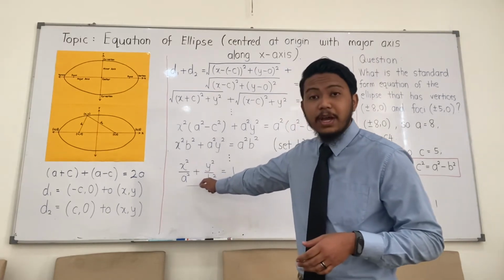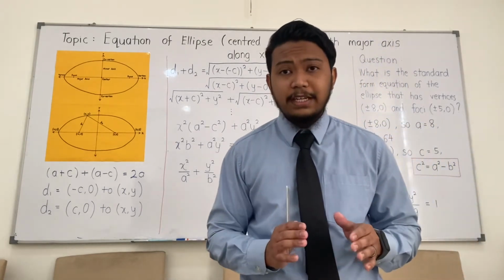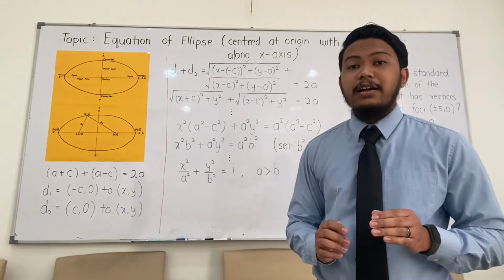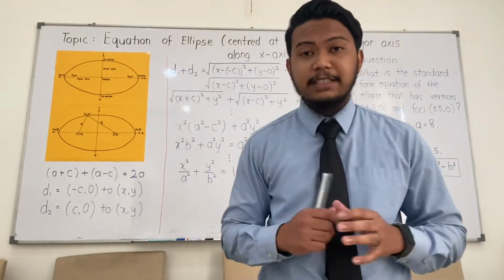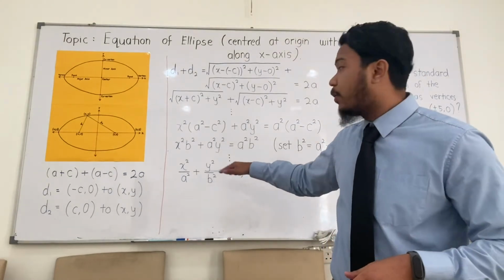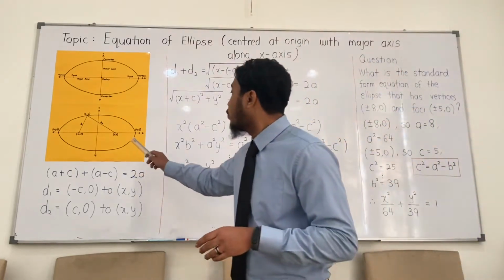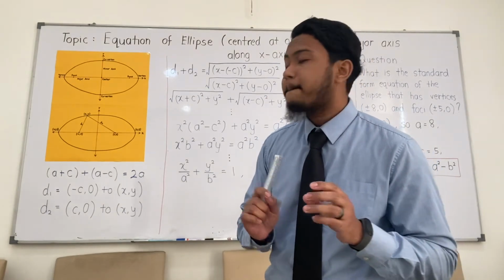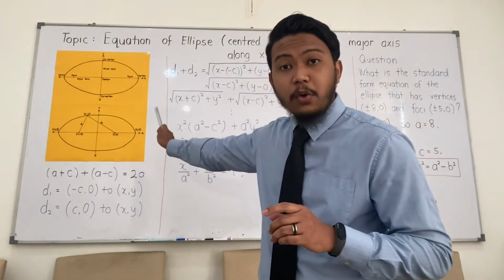Then after some calculations, we get the answer for the standard form of equation of ellipse, which is x squared over a squared plus y squared over b squared equal to 1. We must know that a is greater than b because a lies on the major axis and b lies on the minor axis. From this standard form of equation, we know that the length of the major axis is 2a. The coordinates for vertices of ellipse is plus minus a, 0.